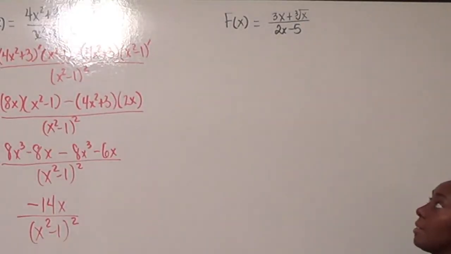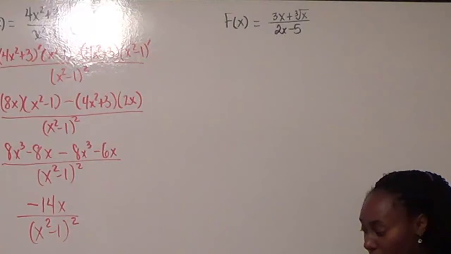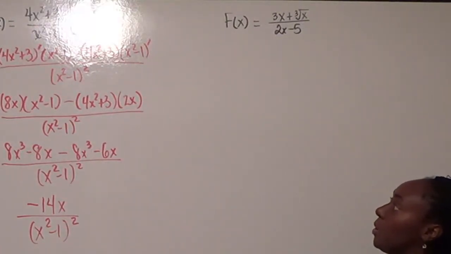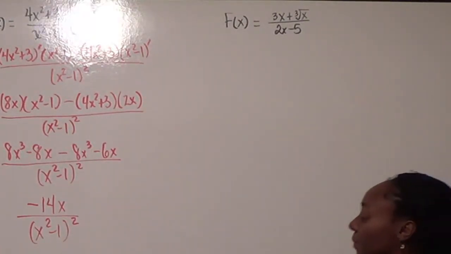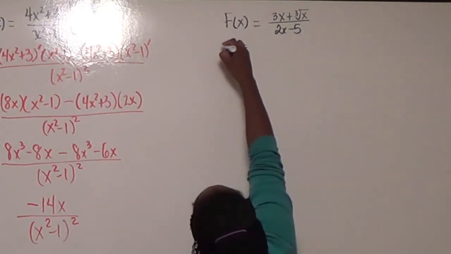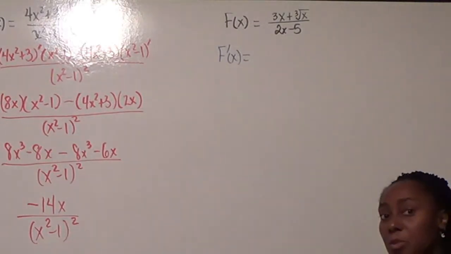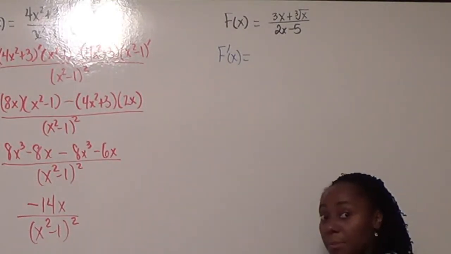Let's look at our next example. In our next example, f of x looks like 3x plus the cube root of x over 2x minus 5, and we want to take the derivative of this. Again, we're going to start by labeling which pieces we're differentiating at a time.